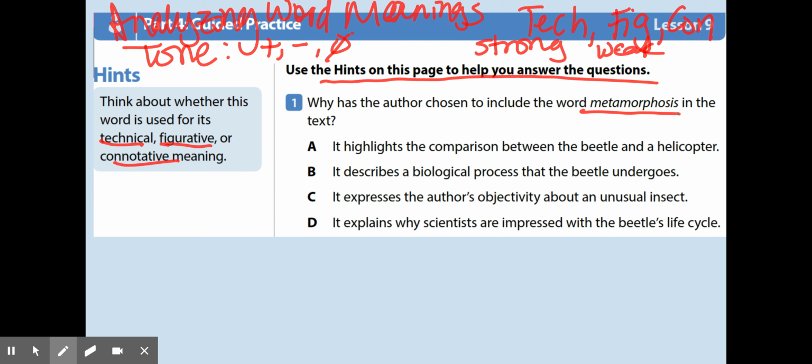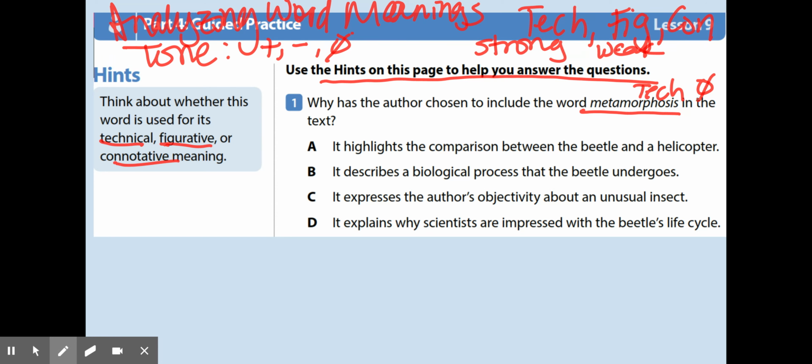Okay, so answer choice A says, first off, metamorphosis is a very technical, neutral word. It's just giving you how their life cycle and how they change throughout their life. Because if you go back to the text, next to the word metamorphosis, in paragraph 3, in the second line, it says it's a 4-stage process of change.